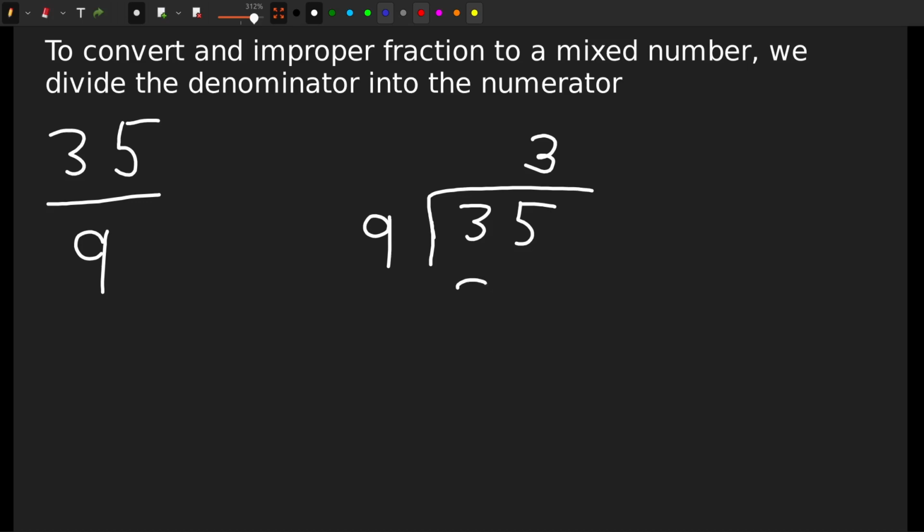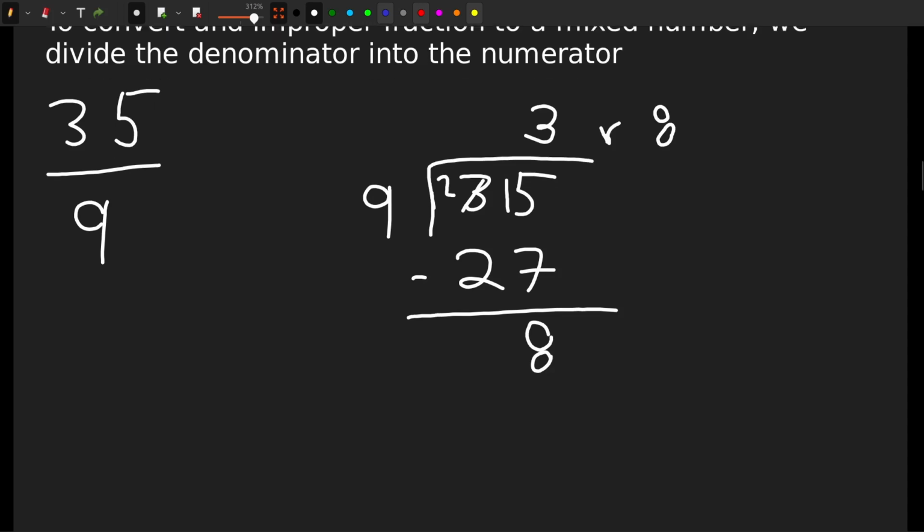9 times 3 is 27. And 35 minus 27, what's that? This becomes a 2, this becomes 15. 15 minus 7 is 8. And 2 minus 2 is 0. Since we have nothing left over, 8 is our remainder. And so we get 3 remainder 8, as we would usually write it back in elementary school.